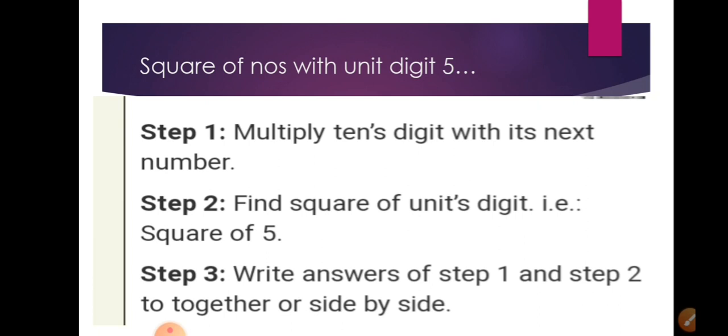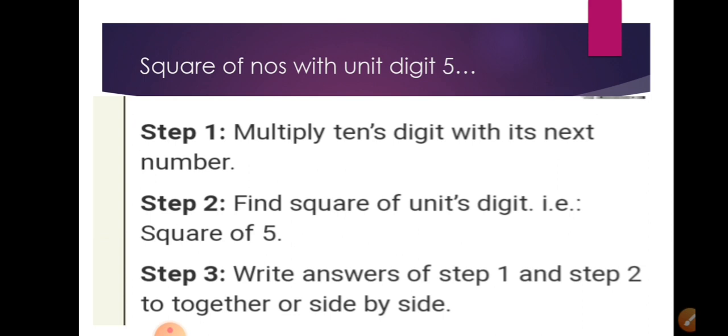Now next one is, we have to find the square of a number with unit digit 5. First, you have to multiply the tens digit with its next number.